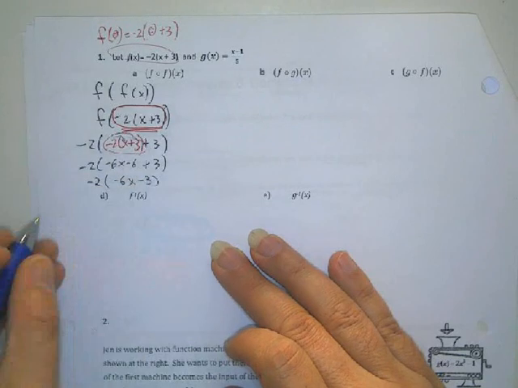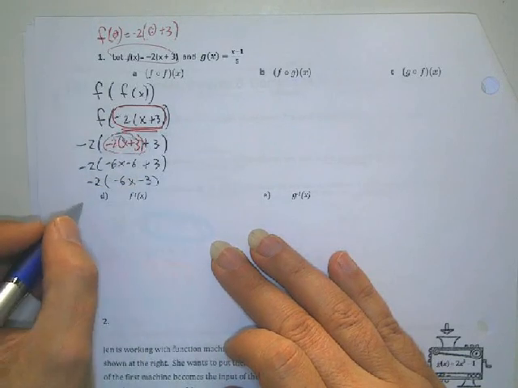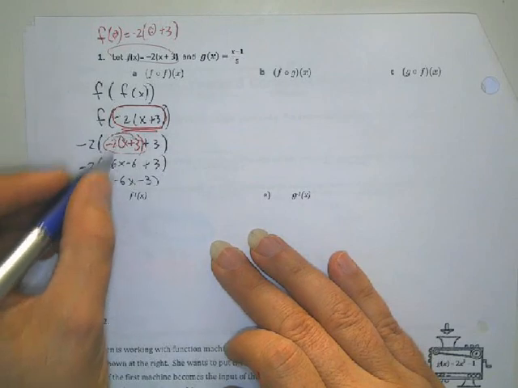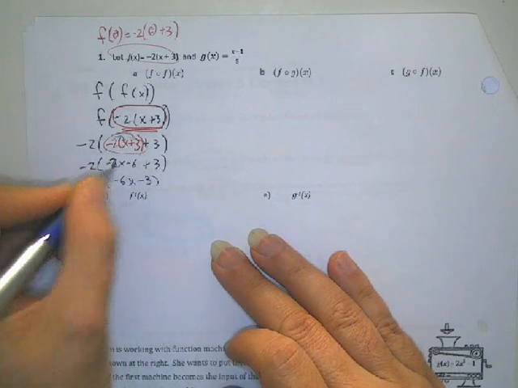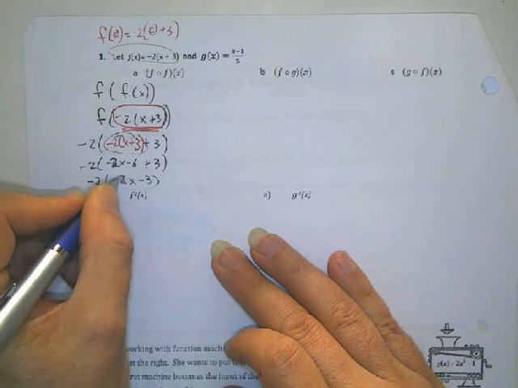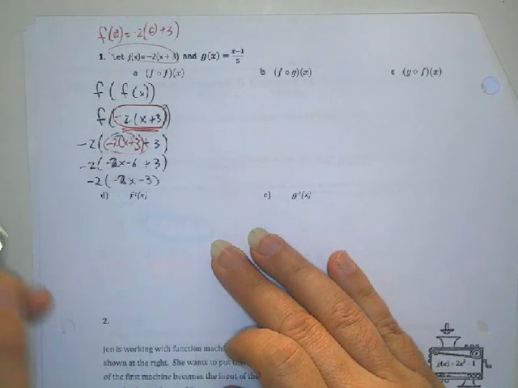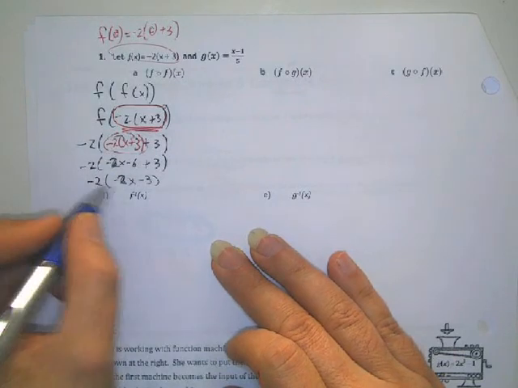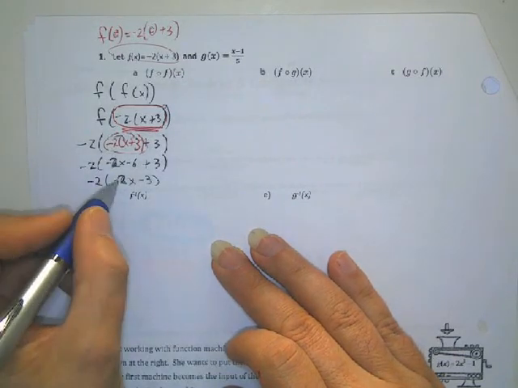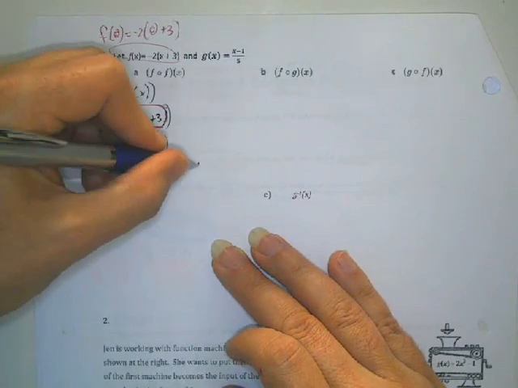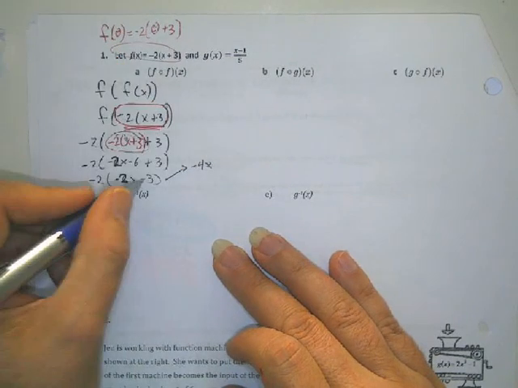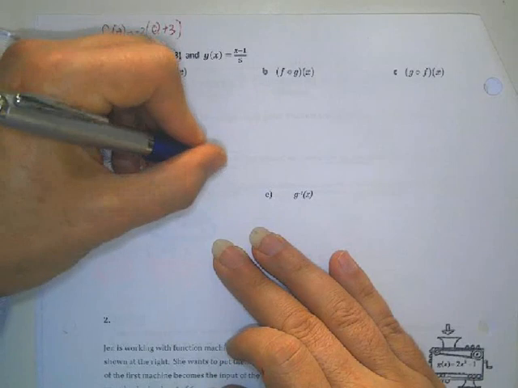Okay, now I can do distributive property with, oh, what did I do wrong? That's negative 2. Oops. Okay. Now I can do distributive property with the negative 2. Negative 2 times negative 2x, that's going to give me negative 4x. Negative 2 times negative 3 is going to give me positive 6.